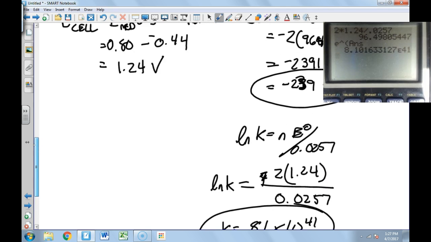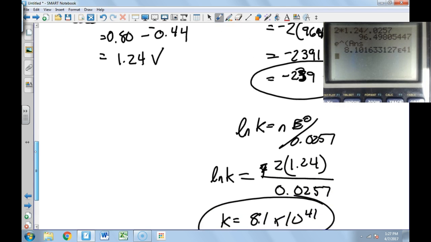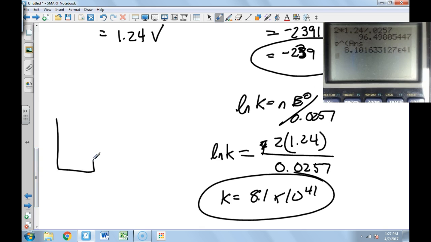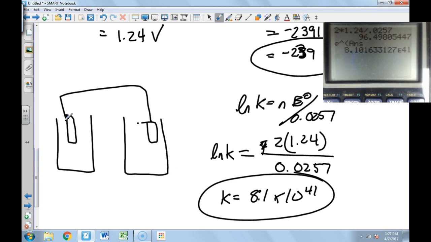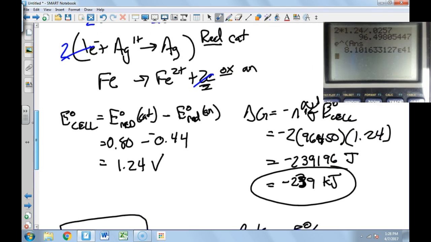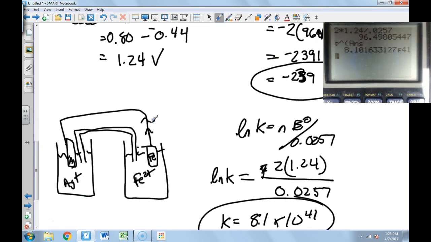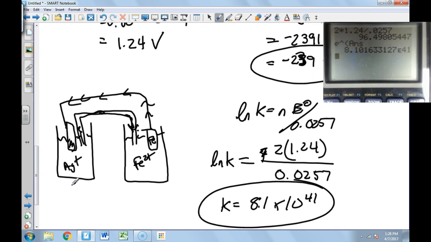Now we're going to draw the same picture, a voltaic cell. So that goes through the whole thing there. That was pretty crazy, but there it is, the third question for exam 3. Have a great day.